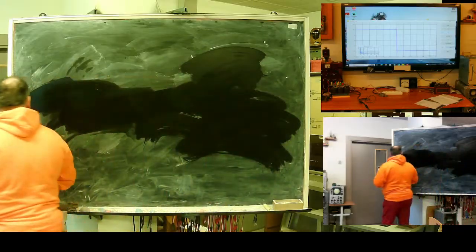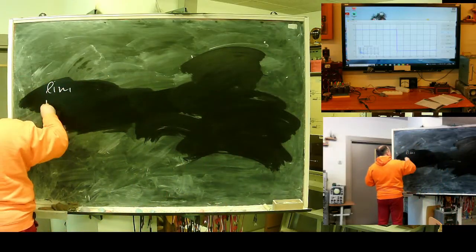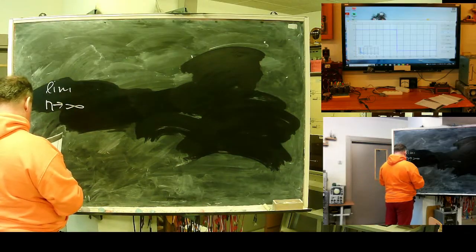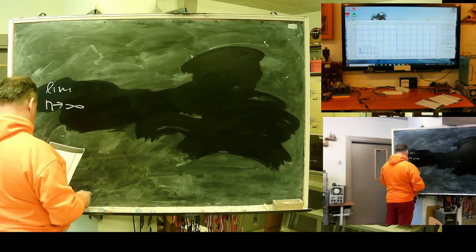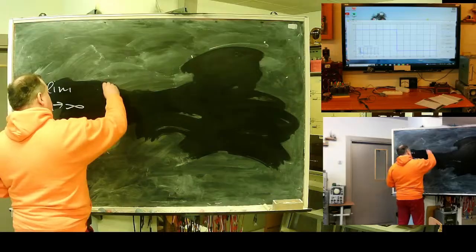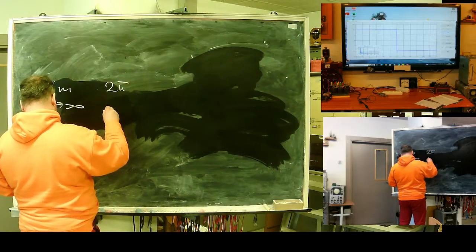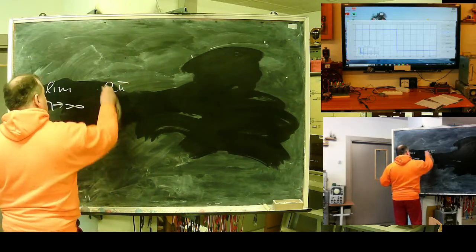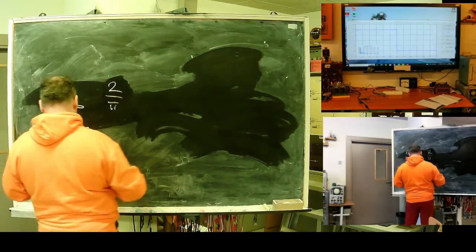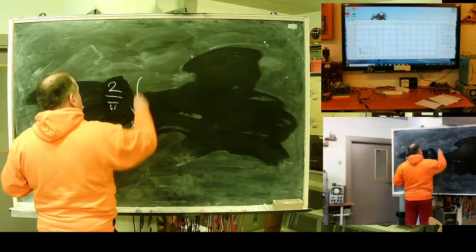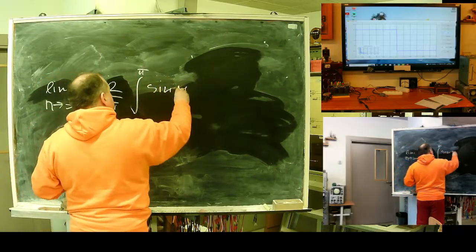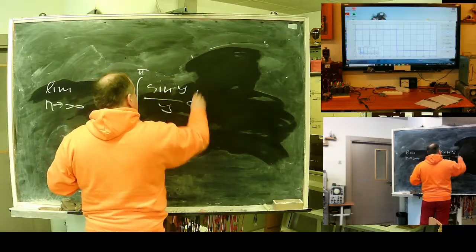So for the long rows, the error will be 2 divided by pi, integral from 0 to pi of sine of y divided by y dy.